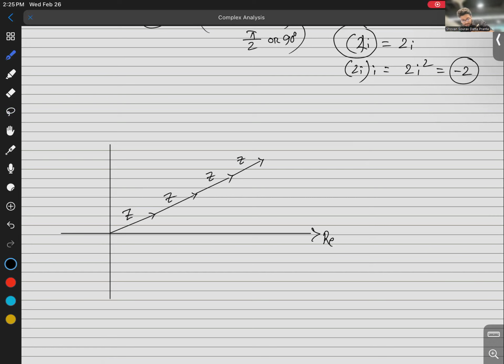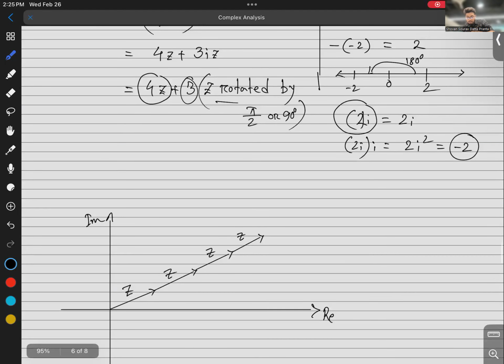This is the real axis, and this is our imaginary axis. And then we consider a 90-degree rotation. That means iz, so 3 times z rotated by 90 degrees. This is iz, this is iz, and this is iz.